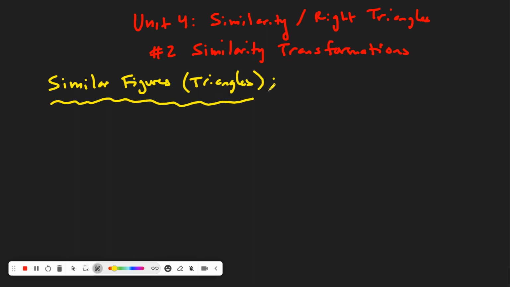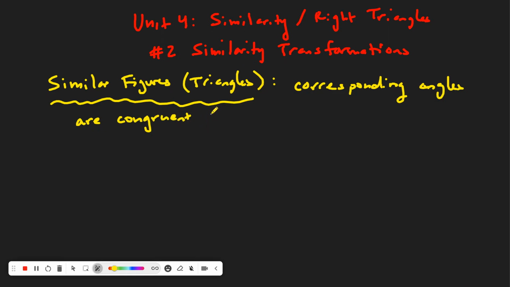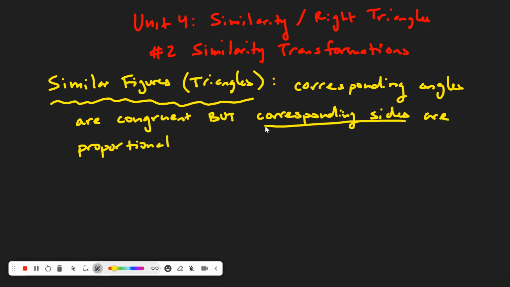That's going to be, I think, the next lesson. So if your two triangles or two figures are similar, then the corresponding angles are congruent, but, and this is a big but, corresponding sides are, and it's an algebra word, proportional.